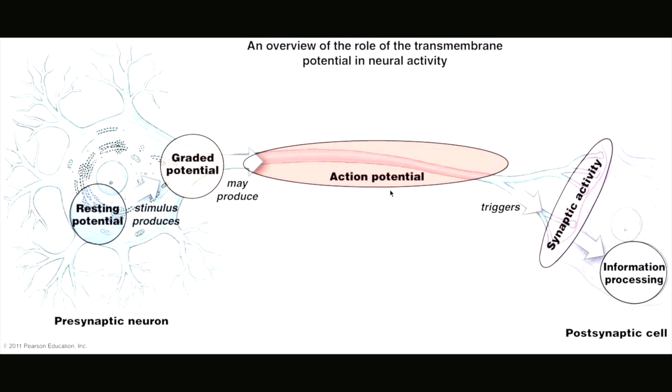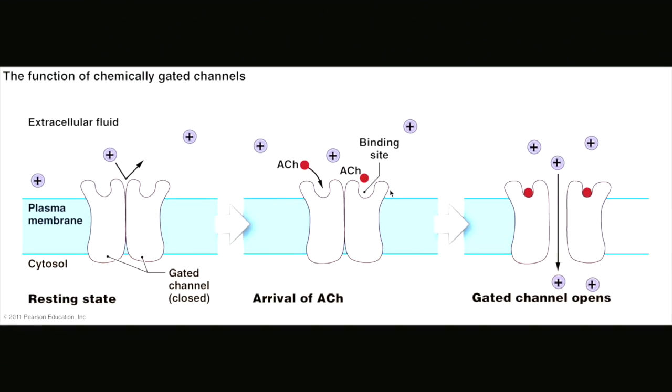Alright, so before we talk about graded potentials, we need to talk about ion channels. Ion channels allow ions to cross the plasma membrane and change the transmembrane potential. Remember, normally ions cannot go through the plasma membrane because it's a lipid bilayer. And what we see here is called a chemically gated channel.